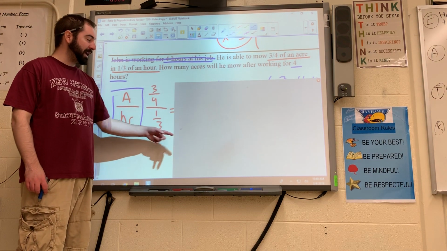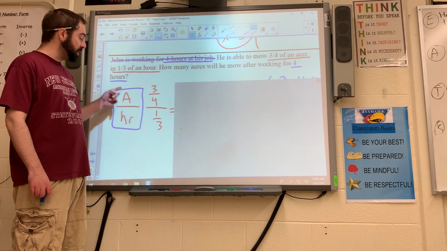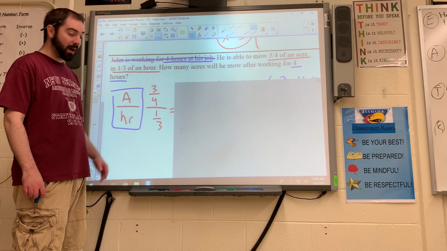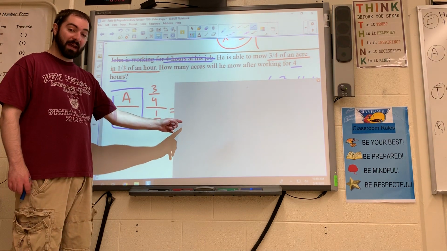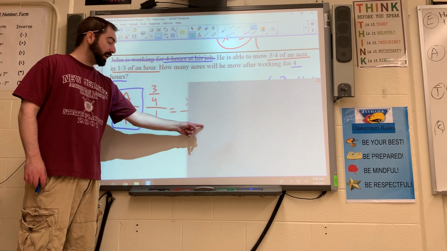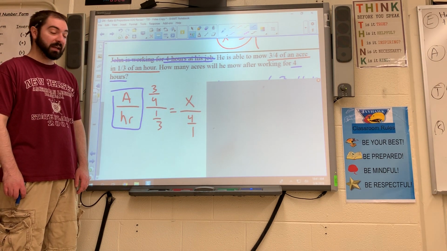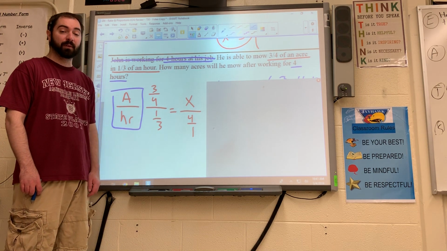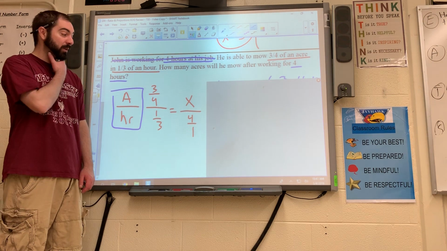The numbers that are together, 3/4 of an acre, 1/3 of an hour. Again, using my ticket to build out my problem. From there, for what? 4 hours. I have my hours in my denominator and we don't know how many acres that would be, so that's why I'm using x. Again, I just made 4 an improper fraction. All whole numbers over 1 makes the improper fraction version.